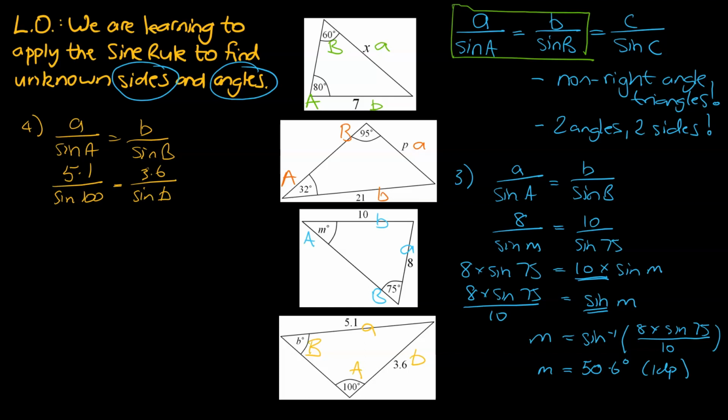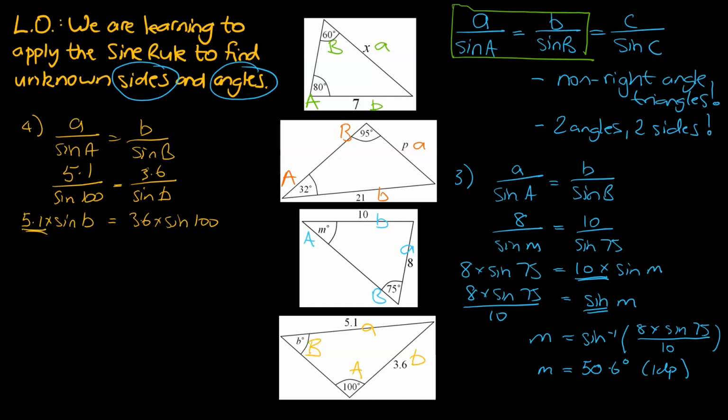We can then go through and solve with our algebra. So same step, let's cross over our trig functions and make them all multiplication. So the left-hand side is going to become 5.1 times sine b, and that will be equal to 3.6 times sine 100. So they're both the opposites of our divisions.